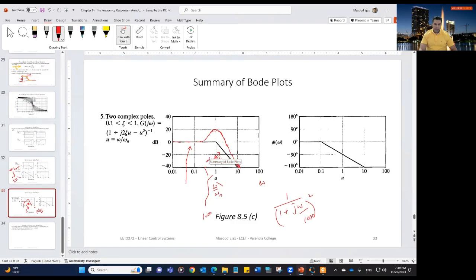So this is a summary. Again, second order is okay, but this peak is important. And most of the time you will see a peak when you go through the chapter on Bode plots and there is a second order system.